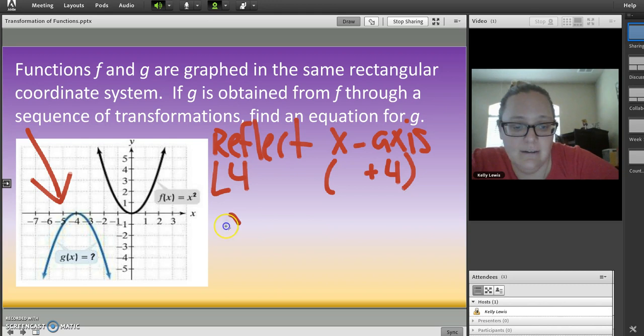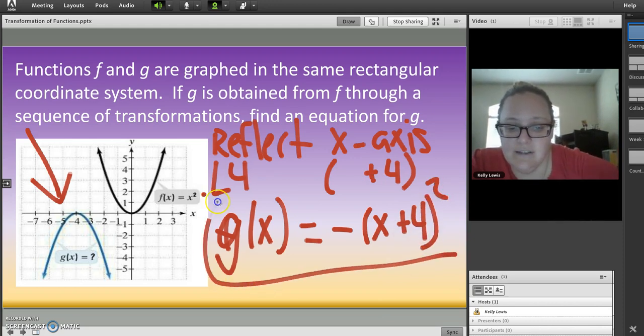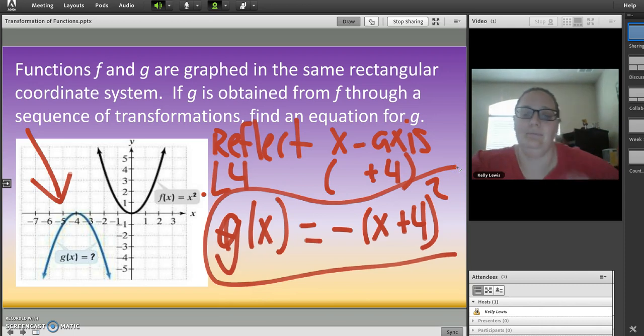So we're going to write g of x equals, reflect on the x-axis makes a negative on the outside. Then we have an x plus that 4 squared. And so that's our equation. Let's do another one like that.